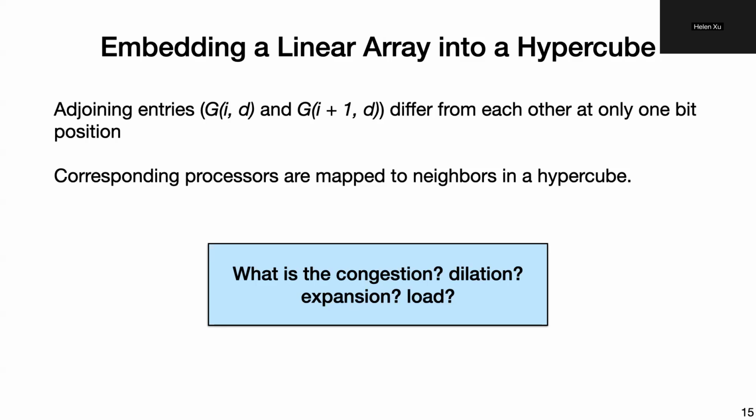Congestion and dilation have to do with edge properties. Congestion is if 2 edges from the source map into 1 edge in the destination, then the congestion would become 2, because if you try to send along that edge, they have to wait. And dilation is if 1 edge in the source becomes 2 edges in the target.